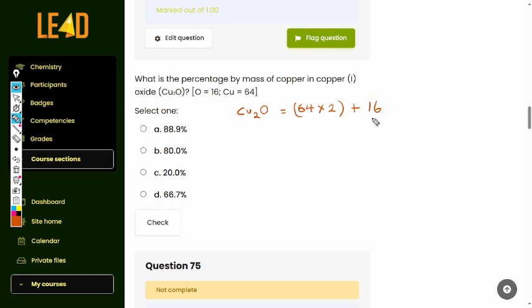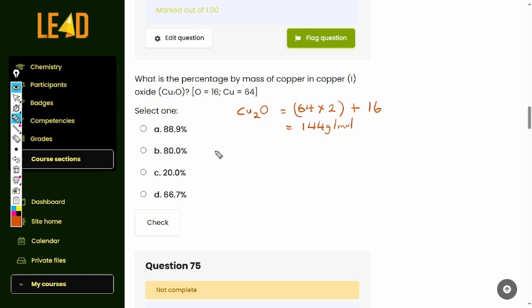Let's check that: 64 times 2, then plus 16. It will give us a total molar mass of 144. So it means the total molar mass of copper 1 oxide is 144 grams per mole.